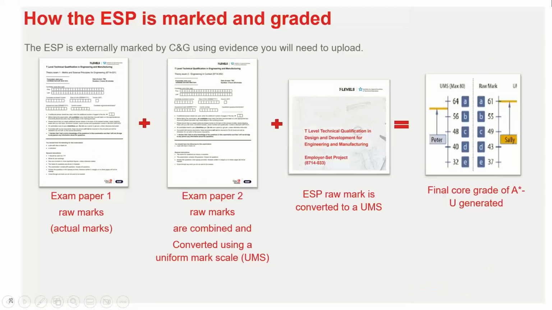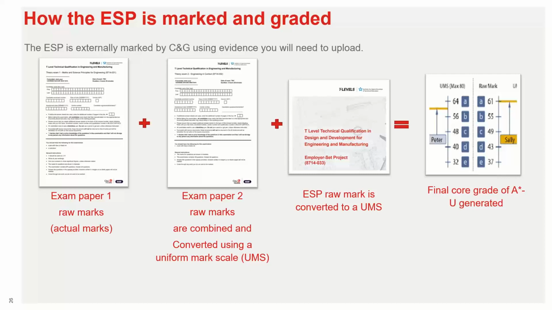So this is really a high-level overview of how the overall core grade is generated. It's a difficult one because it's quite unique, as it's been set out by the Institute. So the raw marks are the actual marks from each of the two theory papers, exam paper 1 and exam paper 2. The raw marks are then converted using a uniform mark scale before any grade boundaries are set.